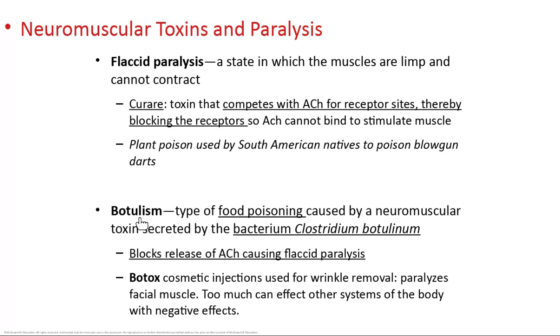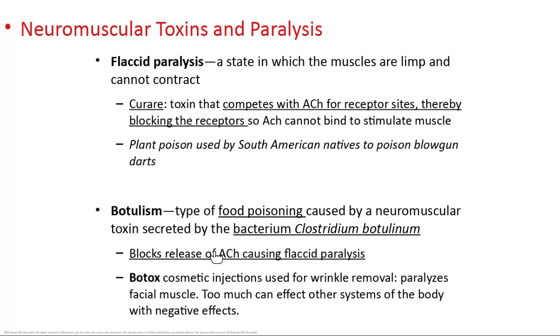What about botulism? Botulism really is a type of food poisoning, traditionally. Botulism is caused by the bacterium known as Clostridium botulinum, and Clostridium botulinum makes a toxin that has an effect on muscle contraction.